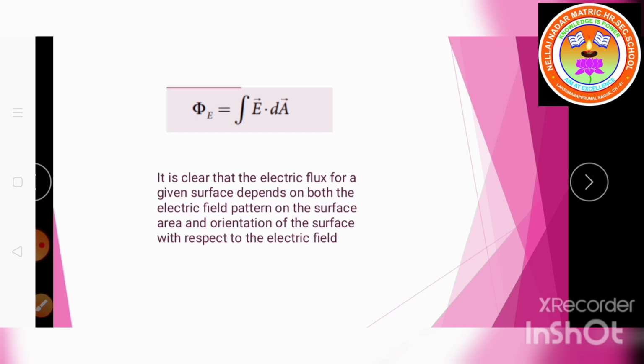Understand? Next topic: electric flux for a closed surface. Listen, children, in the previous topic we dealt with the electric flux for an arbitrary curved surface.